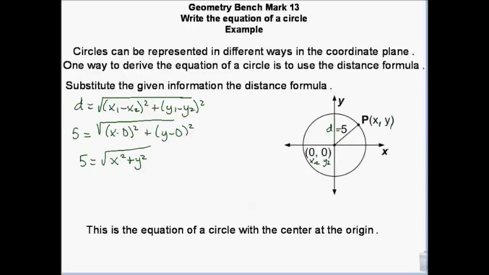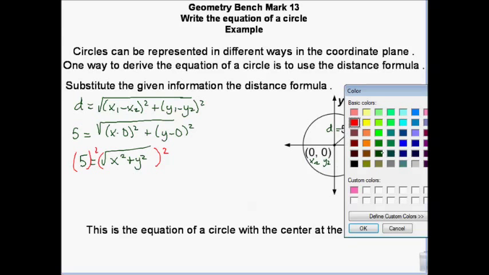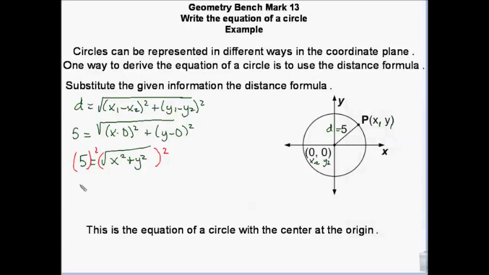And I don't want to keep the square root in my equation, so I'm going to square both sides. And I get 25 is equal to x squared plus y squared, and that is actually the equation of the circle with the center at the origin. So it's x squared plus y squared is equal to the radius squared.